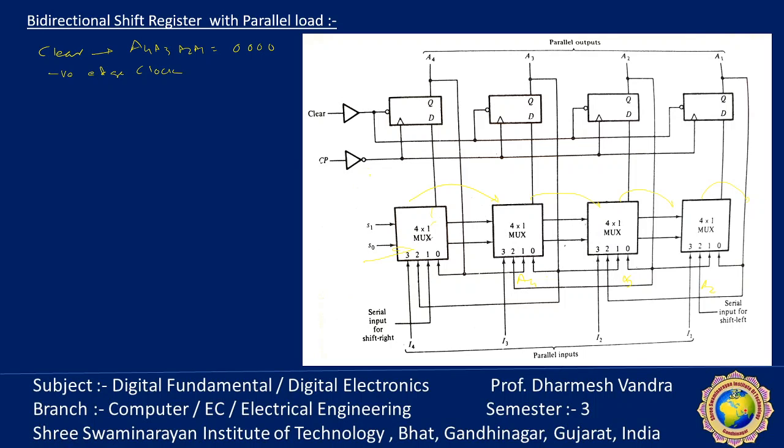Similarly, the left-hand side is number 2. Let me change the color of this pointer. So this is the serial input left-hand side, and it is connected with the 2. Now what happens? A1 must be going to the second side, because see this.